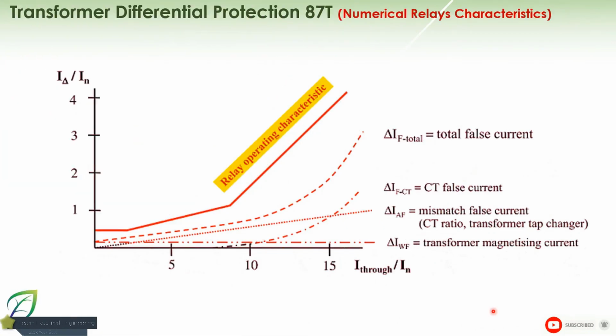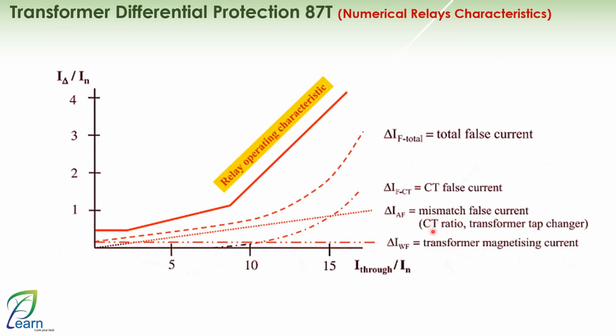Therefore, we can generally say that your differential characteristics, which consist of minimum, slope 1, slope 2, and so on, are values higher than the sum of the errors you had, whether it was transformer magnetizing current mismatch or fault current due to the CT ratio and transformer tap changer.